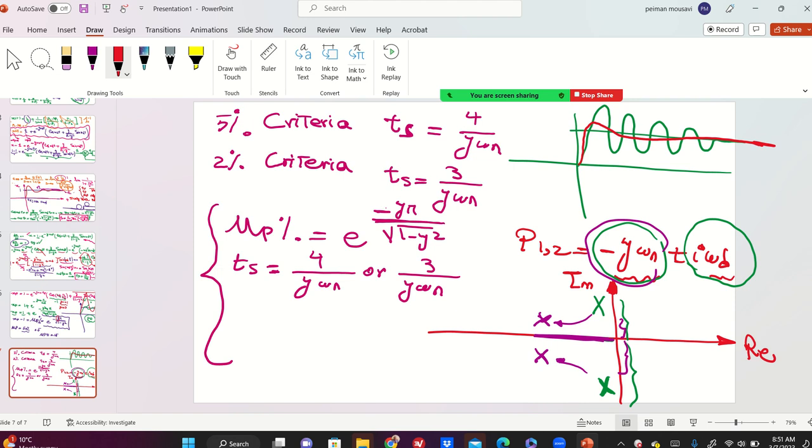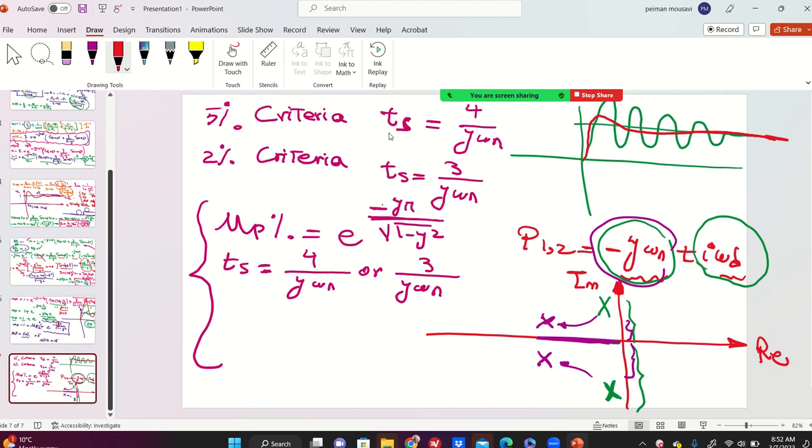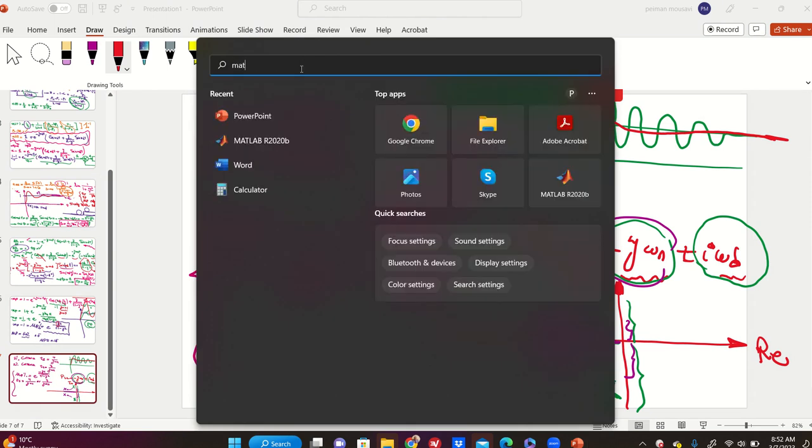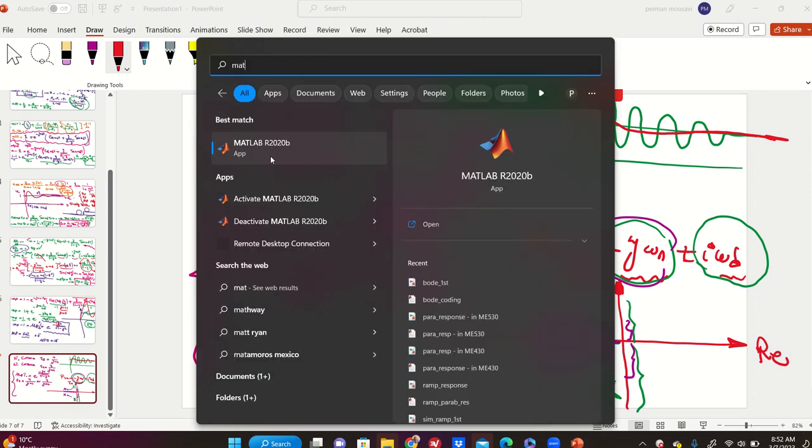So now let me go to MATLAB. For the MATLAB, okay, hold on. Yeah. So MATLAB, I want to plot both impulse and step input for the underdamped system.